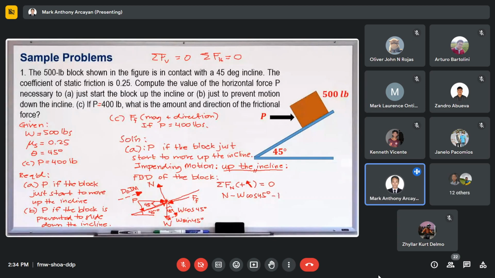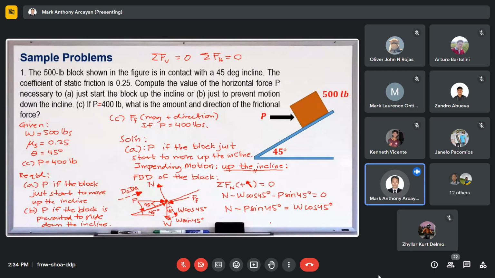So minus P sine 45 degrees, equal to 0. We have two unknowns here, the normal force and P. So N minus P sine 45 degrees is equal to the weight times cosine 45 degrees.